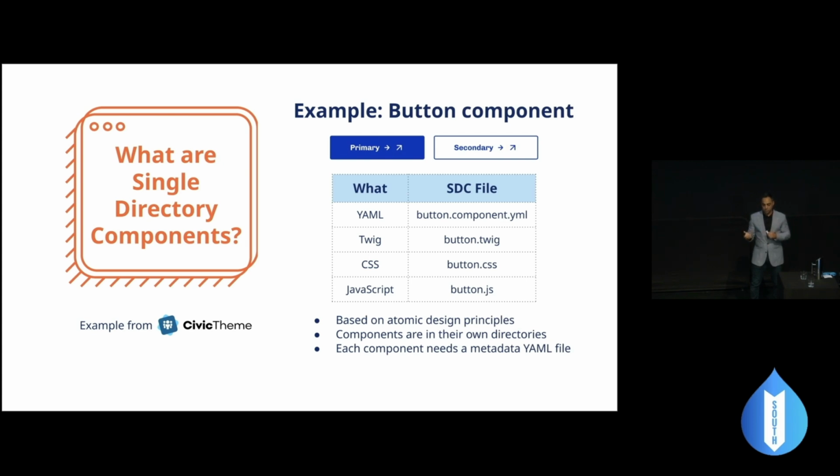They actually add a few more things. In this particular case, we added a YAML file. So with a single directory component, the component includes the YAML file, Twig, CSS, and JavaScript. And it's based on atomic design principles. The components then will have their own directories, and each component will have metadata, which is the YAML file, to explain what that is and how it works.